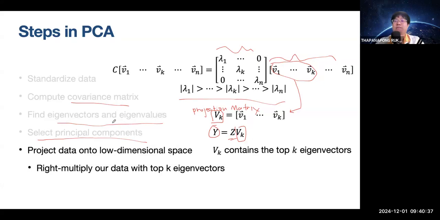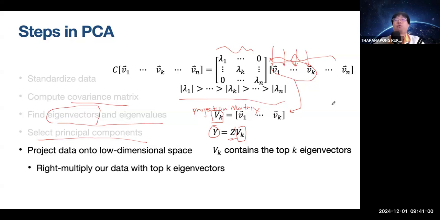And the beauty of eigenvectors is that each vector that you get is actually perpendicular to each other. So the eigenvectors form a new coordinate system.